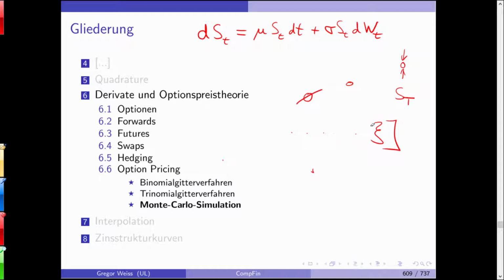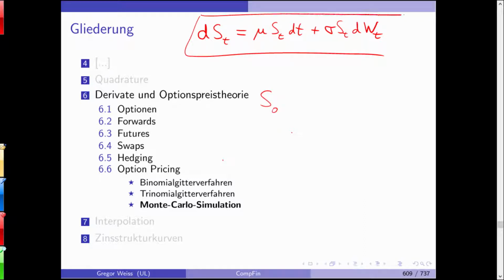What is the idea behind option pricing with Monte Carlo simulation? You take the stock price as the starting point. You have made an assumption on the underlying stochastic process.